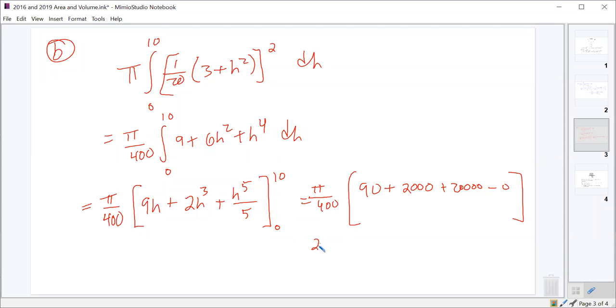And so what is that? 2209 pi over 40 inches cubed.